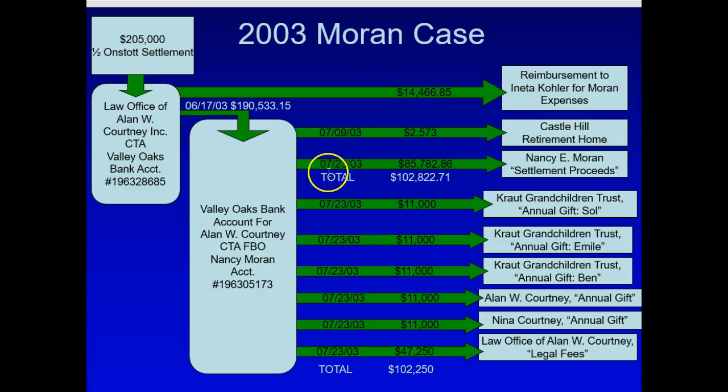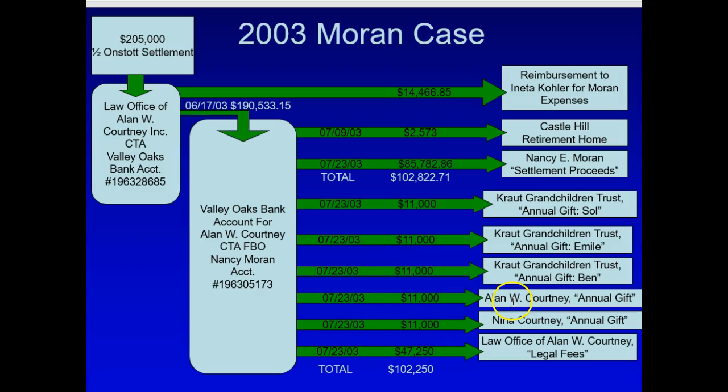Then later in the month of July of 2003, he started making these checks out to his son, put it in his son's grandchildren trust, put it into his daughter's grandchildren trust, put $11,000 into his other son's grandchildren trust.